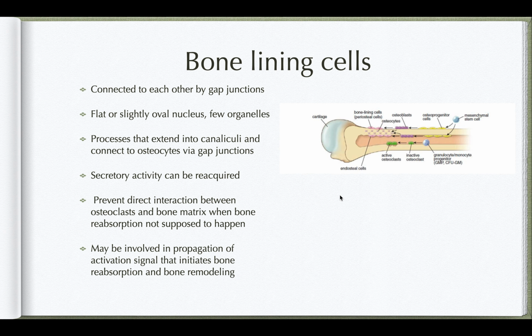Then the secretory activity can be reacquired, and they prevent the direct interaction between the osteoclasts and the bone matrix where bone resorption is not supposed to happen. They might be involved in the propagation of the activation signal that initiates bone resorption and bone remodeling. So here these are the inactive ones, and then once this is active, this might mediate.